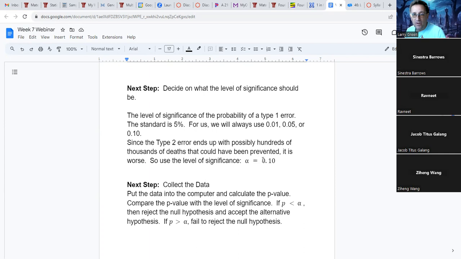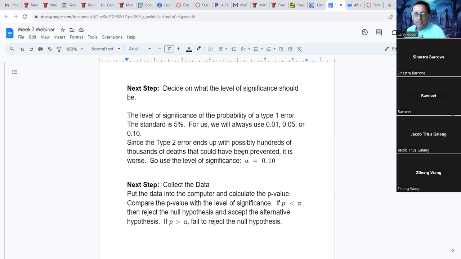If you think the type 2 error is worse, you're going to use 10% or 0.1. If you think they're kind of similar in how bad they are, then use 5%. Okay. And what matters is you need to be able to explain why you think it's true. There isn't necessarily a right answer, but there's a right explanation. Any question on that?